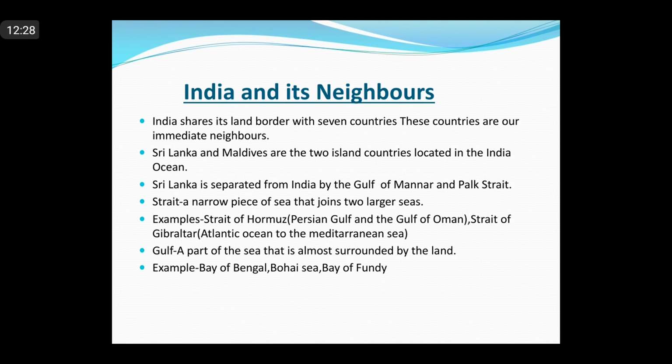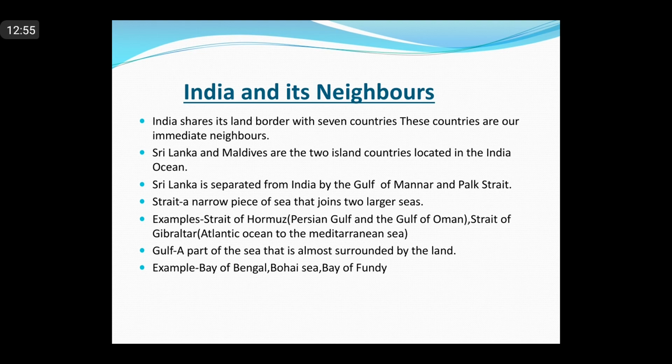Then the question arises: what is a strait and what is a gulf? A gulf is a part of the sea that is almost surrounded by land, for example the Bay of Bengal and the Bay of Fundy. A strait is a narrow piece of sea that joins 2 larger seas.